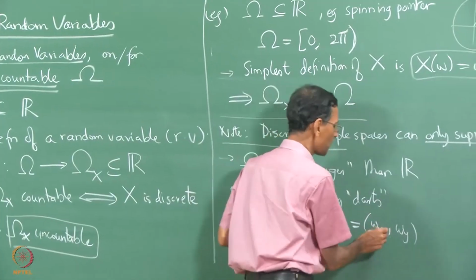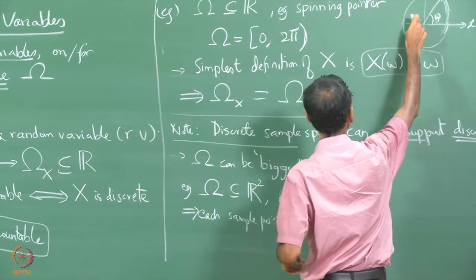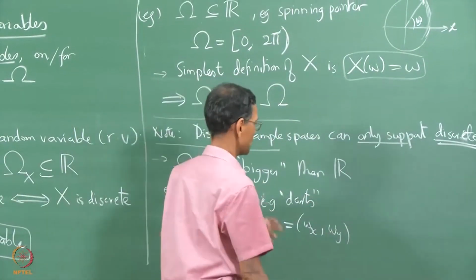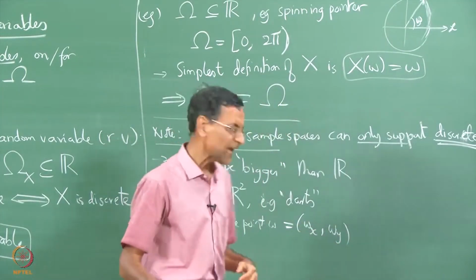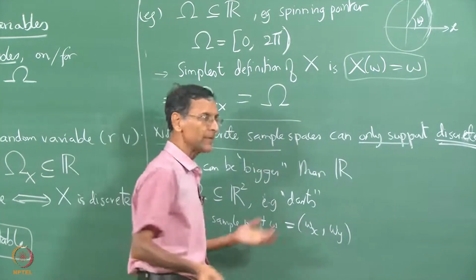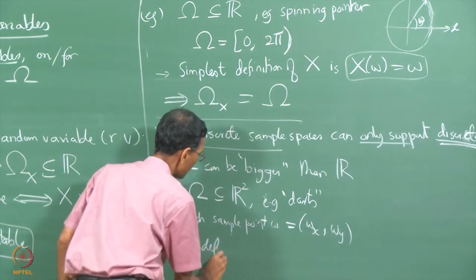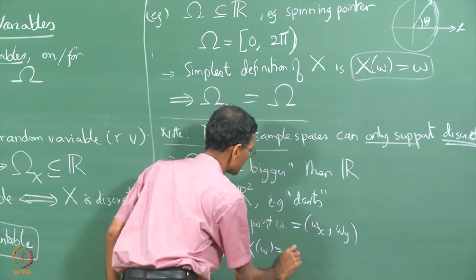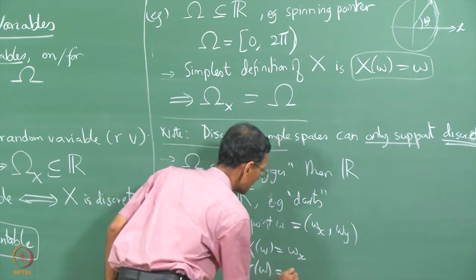Both of these are now continuous numbers, as opposed to the earlier case where the experiment outputs only one number. Here you get two numbers, omega x and omega y, and by extension of this idea we can define two random variables: X of omega as omega x, and Y of omega as omega y.